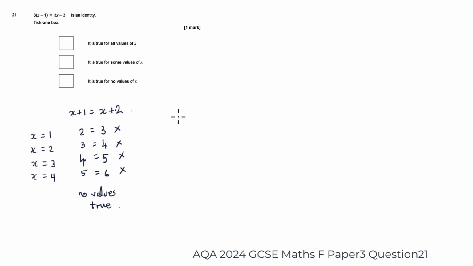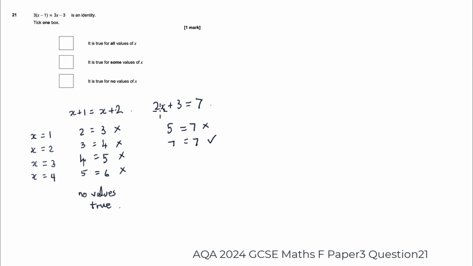Let's try another one. Let's try 2x plus 3 equals 7. And let's try x equals 1. 2 ones, that's 2 plus 3, that's 5. 5 equals 7. Well, that's not a promising start. That's not true. Let's try x equals 2. 2 twos, that's 4 plus 3. Well, there we go. 7 equals 7. That's certainly true.